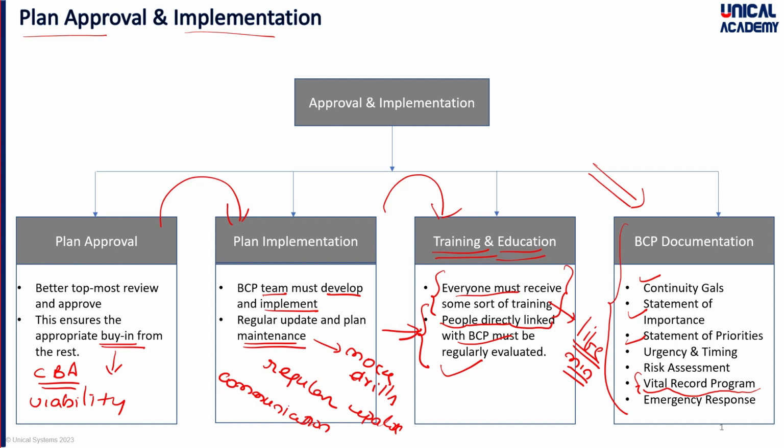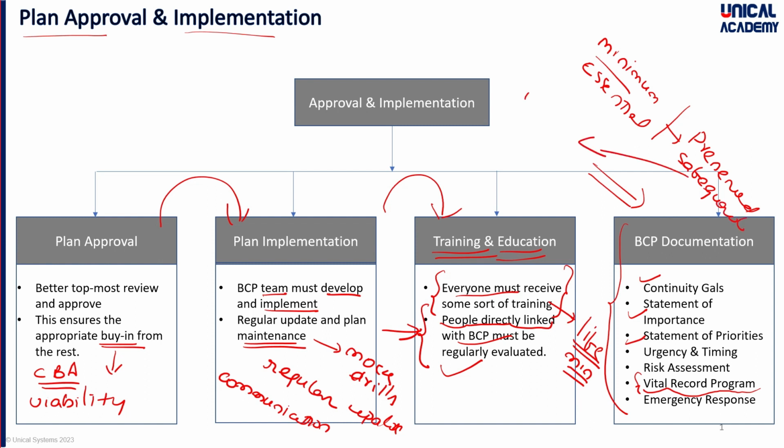Vital record programs talk about the minimum essential documents of an organization that need to be preserved and safeguarded, that help you to rebuild an organization from scratch if the situation demands. So this is very, very critical. Among all other sections of the documentation, this particularly should be focused on.